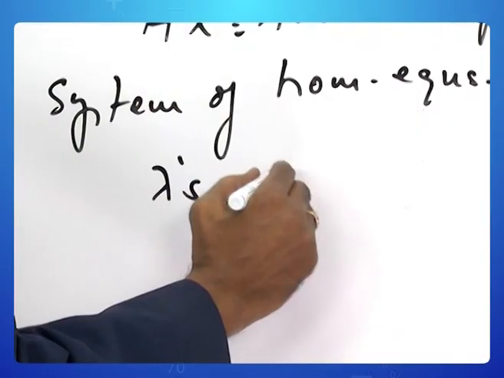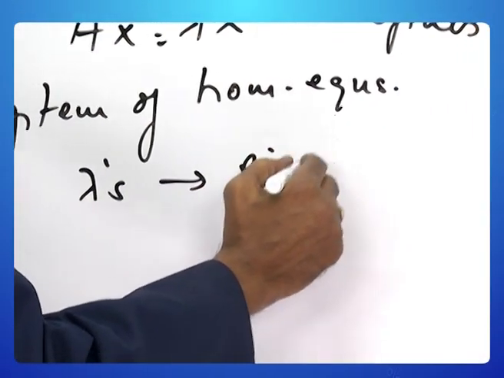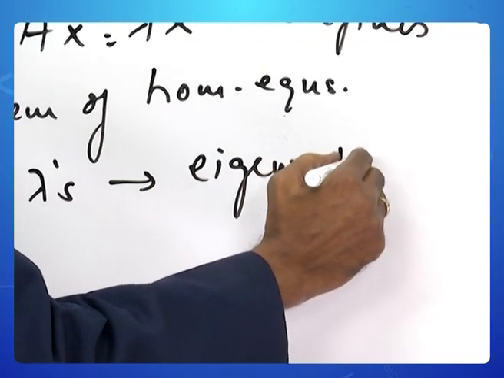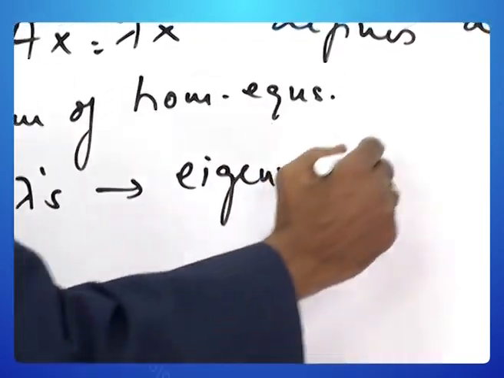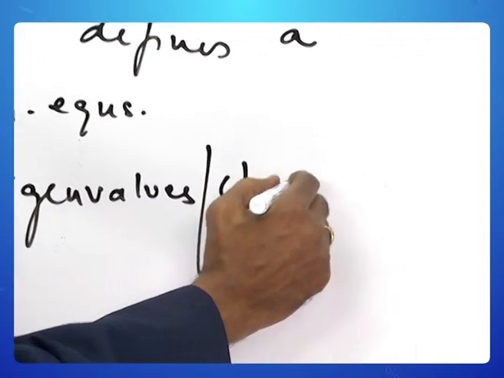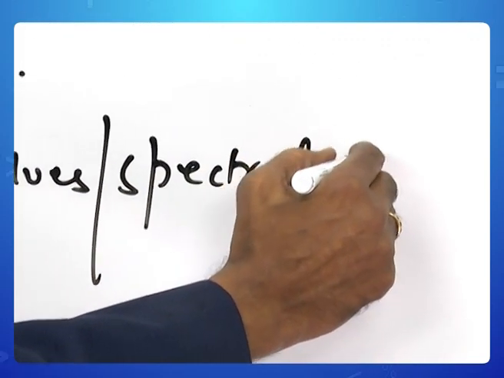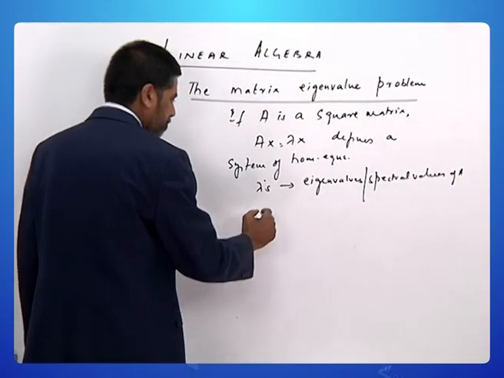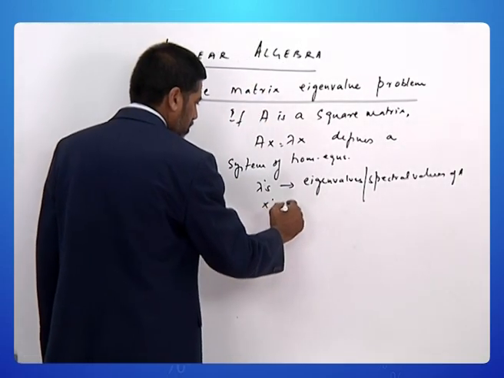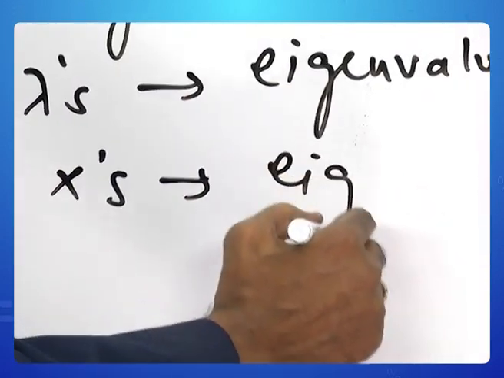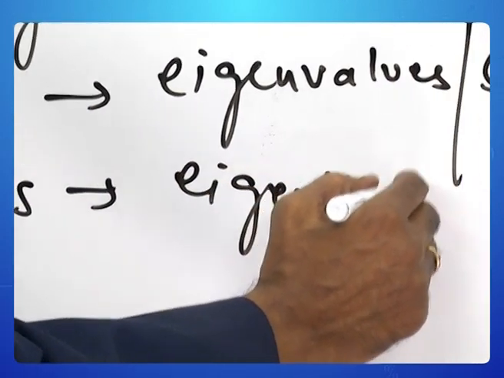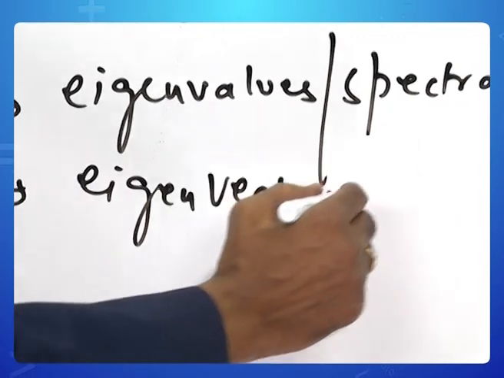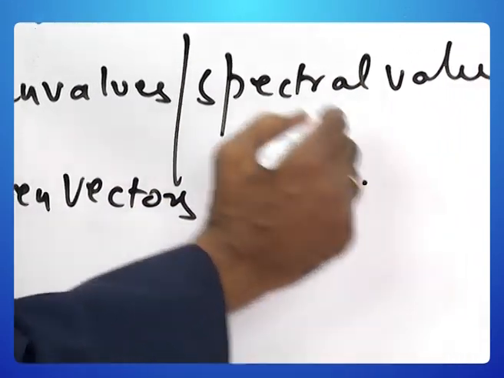The lambdas are called the eigenvalues or spectral values of A, and the x's are the corresponding eigenvectors of A.